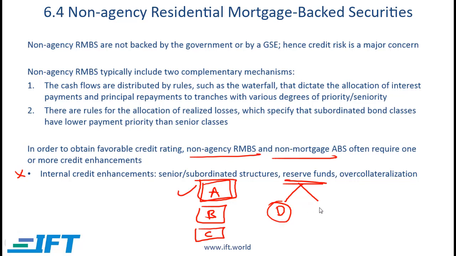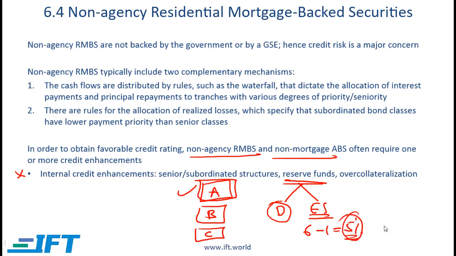Another category here is an excess spread. The idea here is also fairly straightforward. Let's say that our pool of collateral pays a rate of 6%, and let's say that the service cost and other costs amount to 1%, which means that 6% minus 1% gives us a pass-through rate of 5%.